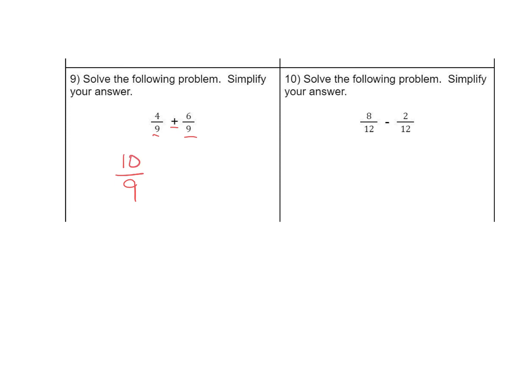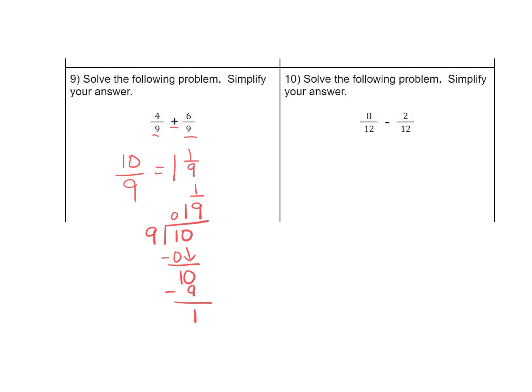So remember that with an improper fraction, you're going to divide the numerator by the denominator. 9 goes into 10 one time. 10 minus 9 is 1, so my remainder becomes my numerator, and my denominator stays the same, so 10 ninths is equal to 1 1/9. This is the simplest form. So if you didn't change your improper fraction to a mixed number, you got 2.5 points taken off.